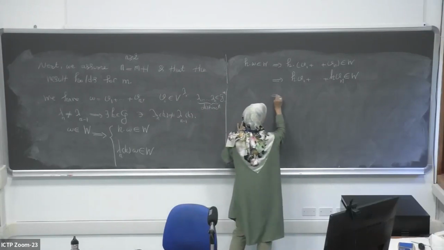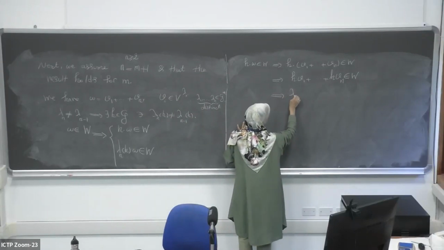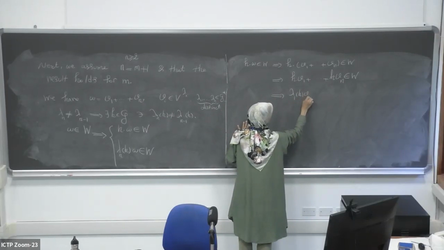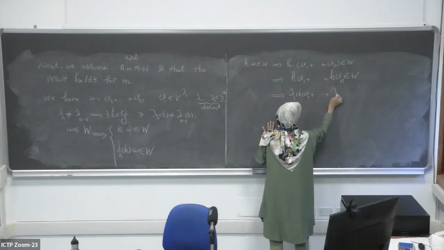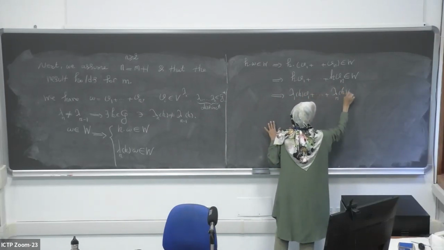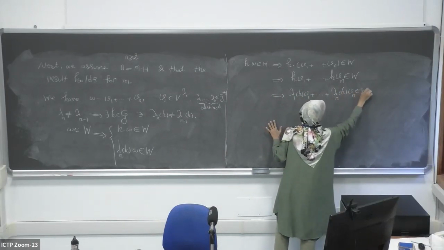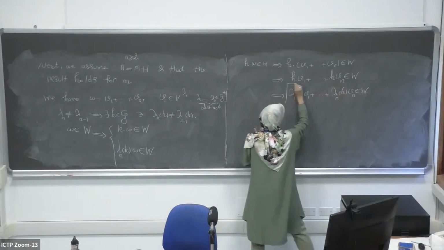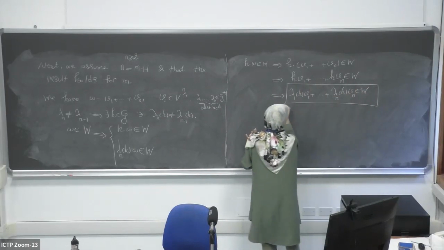It gives us that lambda_1(h)v_1 plus up to lambda_n(h)v_n is an element of W. It is one thing that we have.